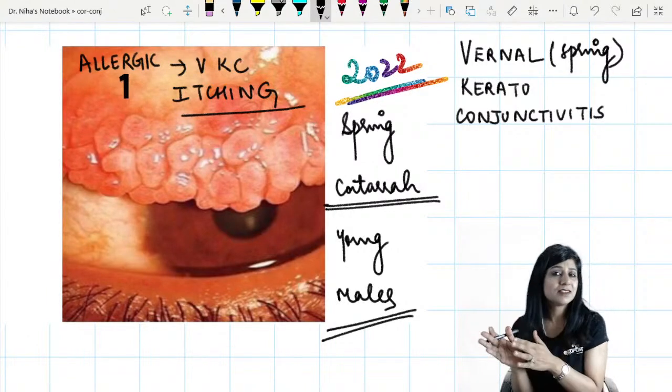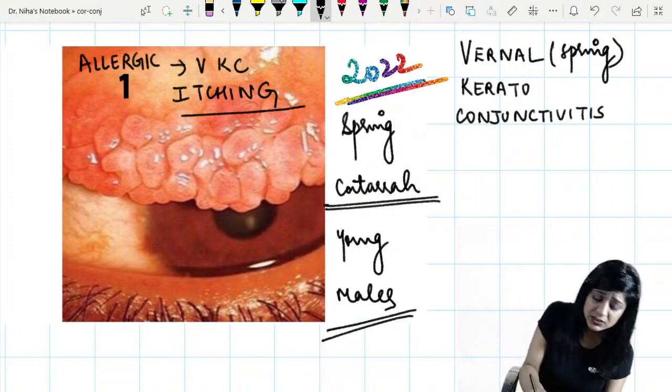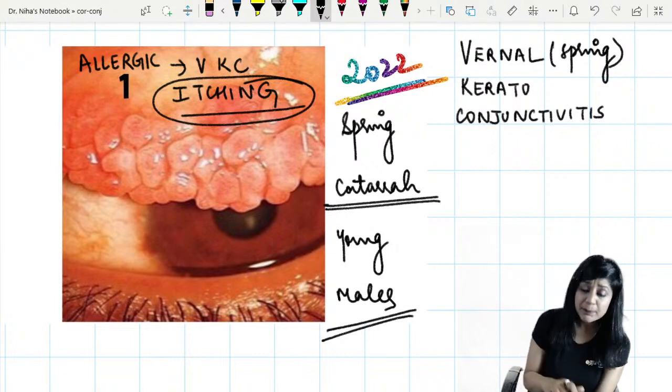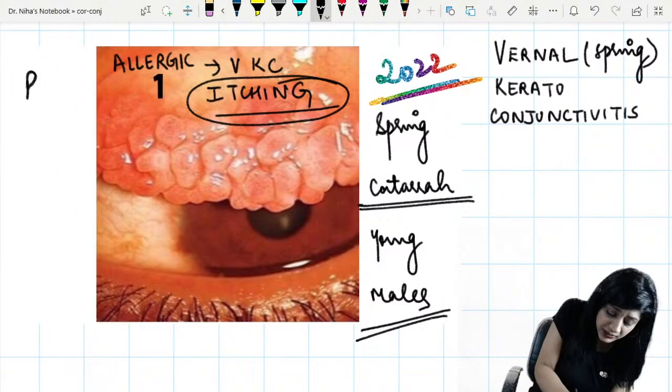So itching means allergy. So this person is going to have intense itching, and a typical kind of discharge that you are going to get is the ropey discharge.